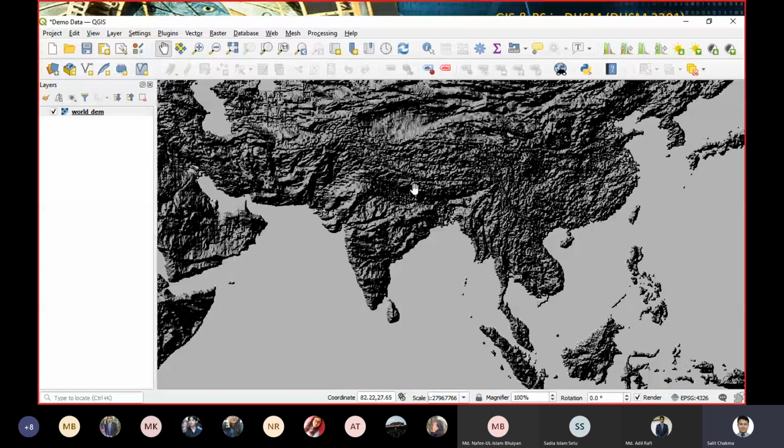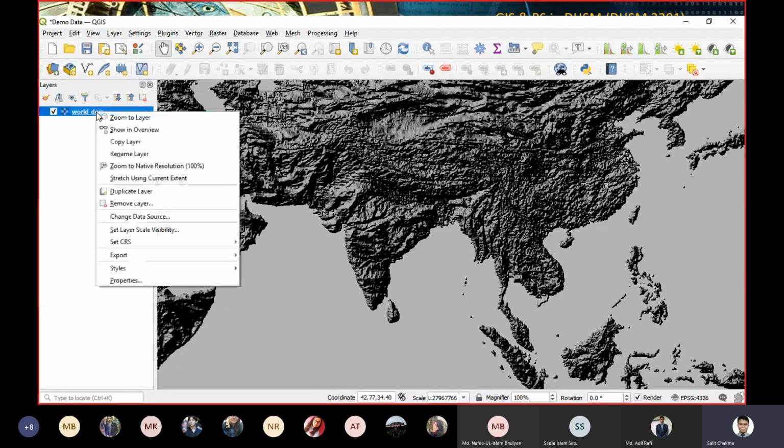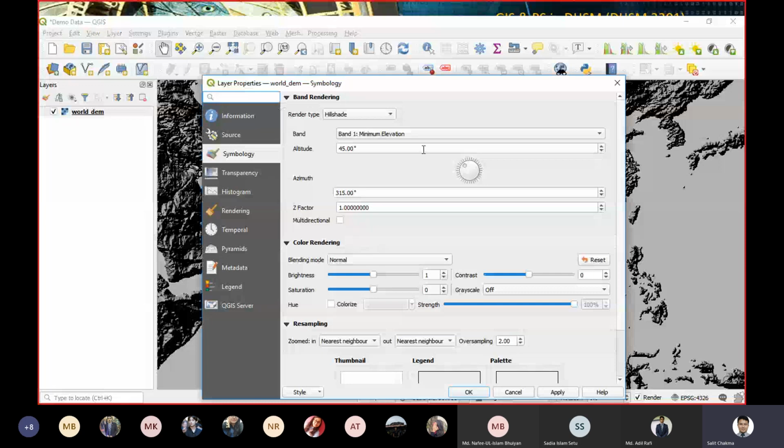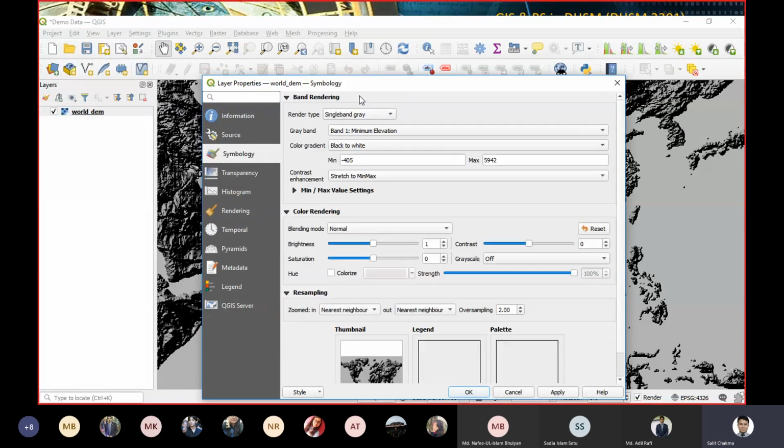We have another one here, but for all this region we have only one single point, and that's why flood is a yearly phenomenon for us, and a very interesting phenomenon to study. Anyway, let's change it, not hillshade but single band gray.